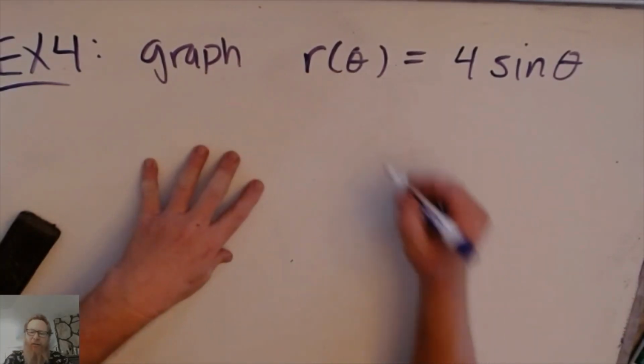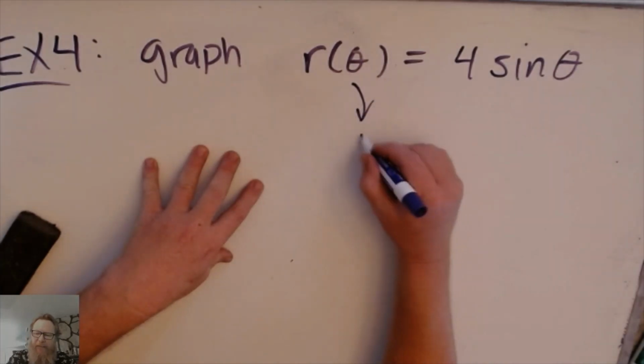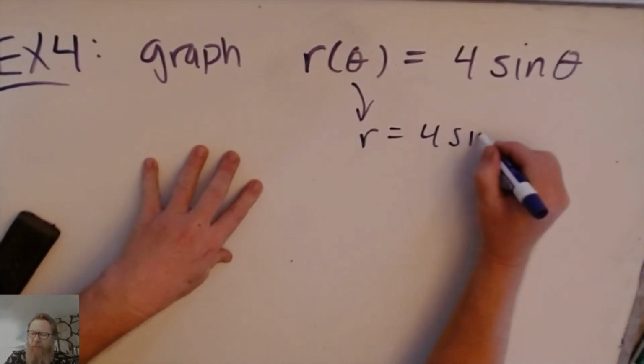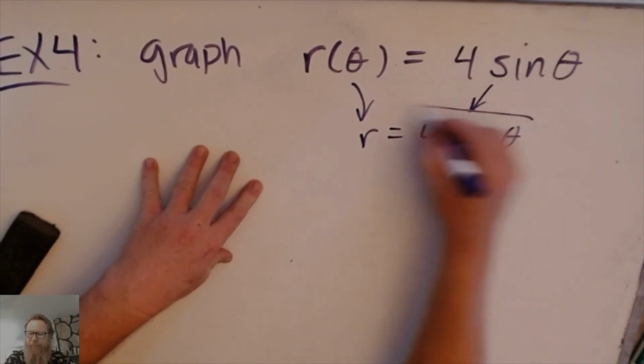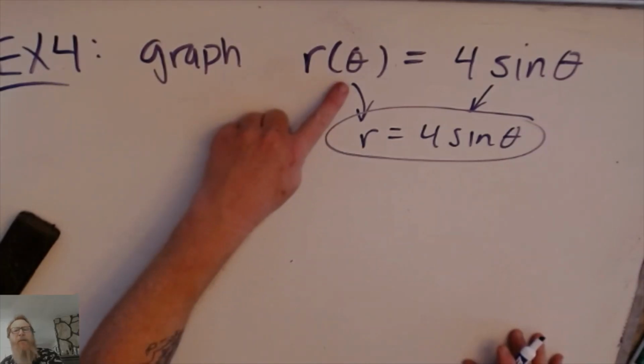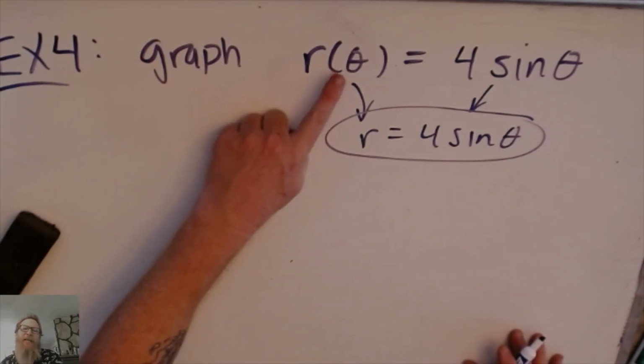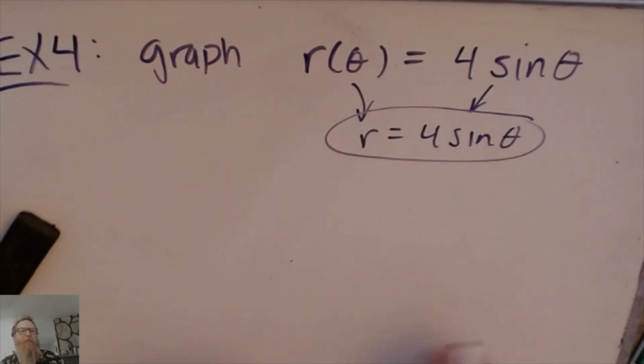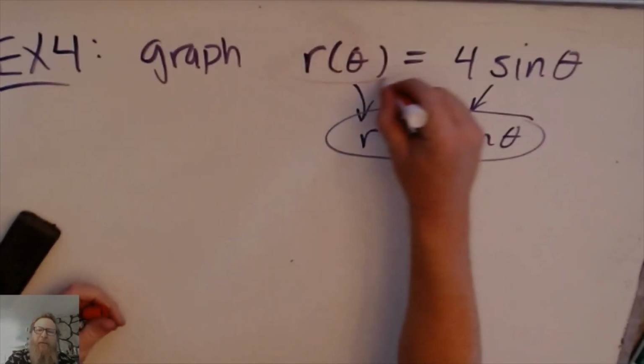So I actually would just rewrite this as r equals 4 sine theta. You might wonder, why do we even use that notation? It's just to indicate that it is a function of theta. In other words, r depends on theta. That's how we read this.